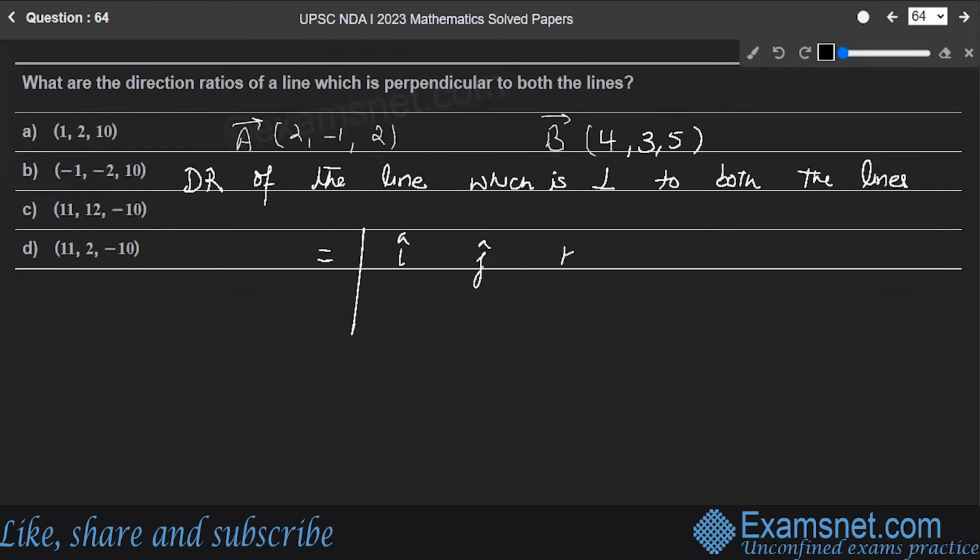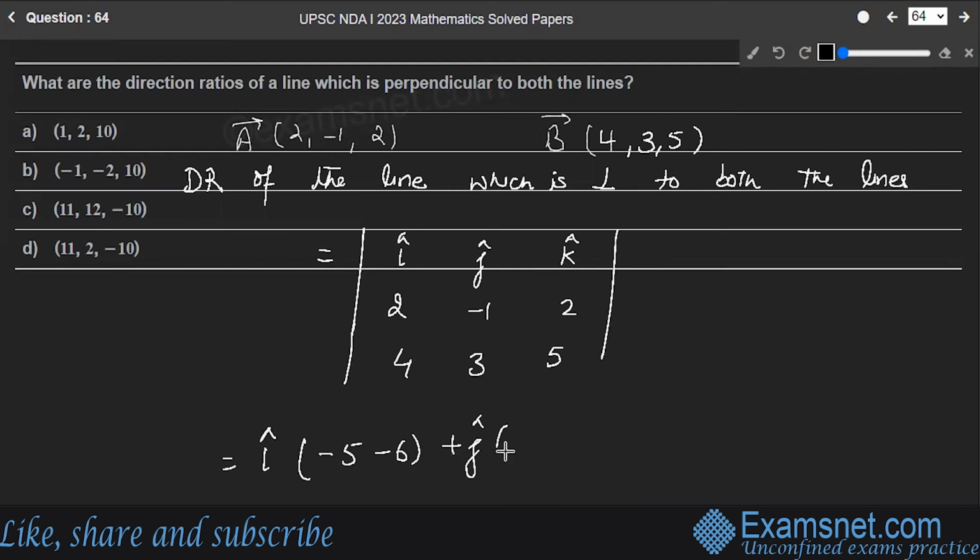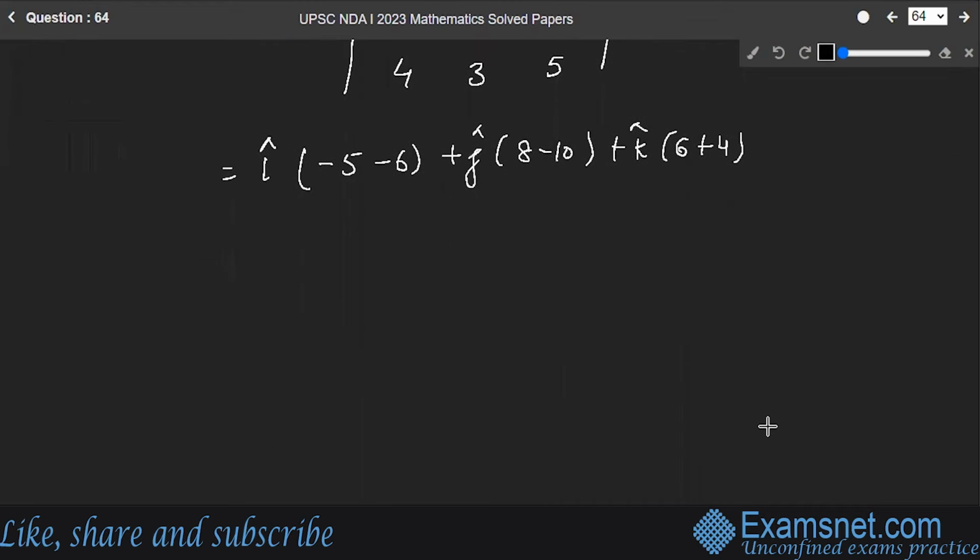i, j, k, 2, minus 1, 2, 4, 3, 5, which can be written as i into minus 5 minus 6, j into 8 minus 10, k into 6 plus 4, which is equal to minus 11i minus 2j plus 10k.